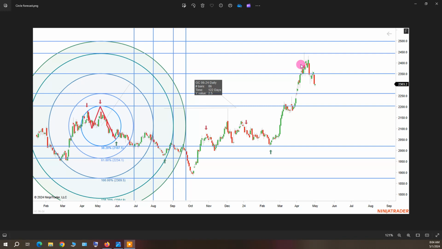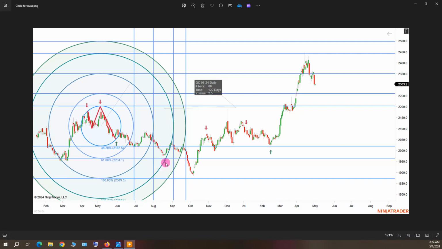It was broken initially, then became support, and then the next one up caught the point of the high. Looking at that to the downside, at the 618, we got this reversal here right at the point of this circle. The next one down was near to the point of the low. It just didn't quite get down to there.